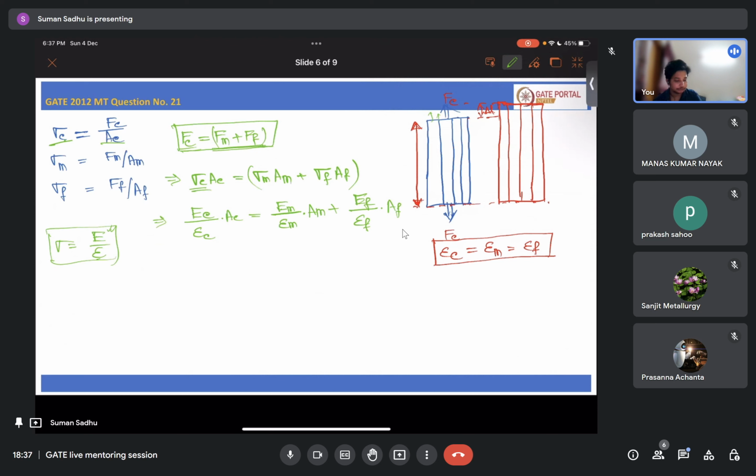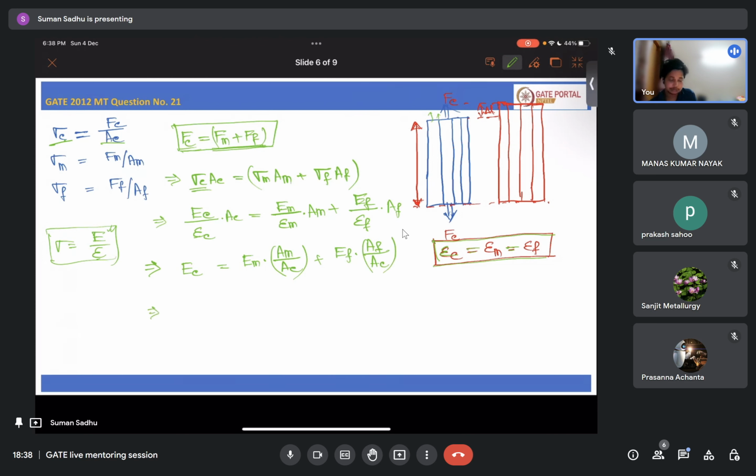Now this is the iso-strain condition, so epsilon c is equal to epsilon m is equal to epsilon f, and this will get cancelled out. So now your Ec will be Em into Am by Ac plus Ef into Af by Ac.